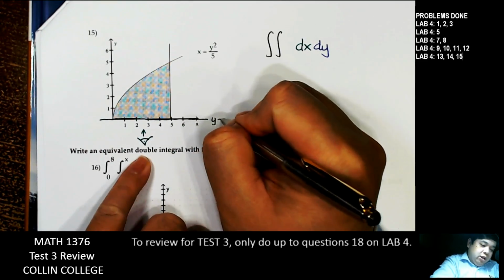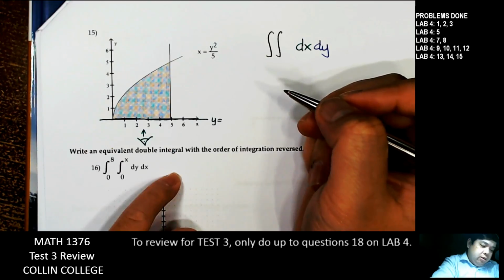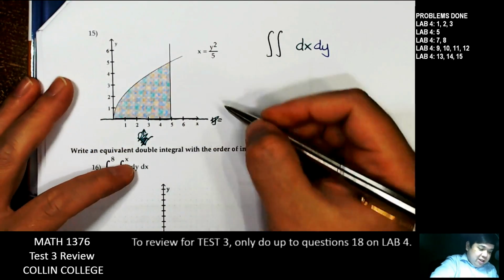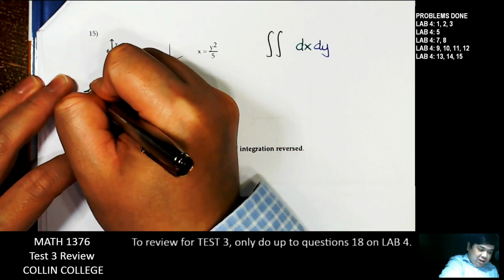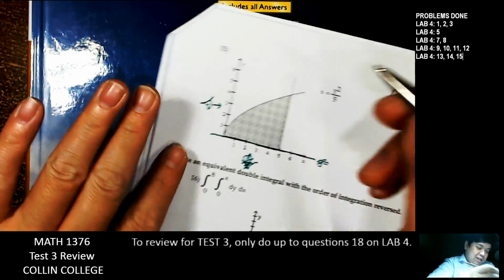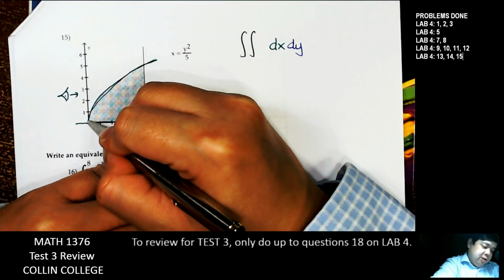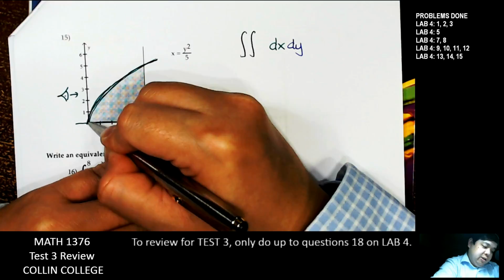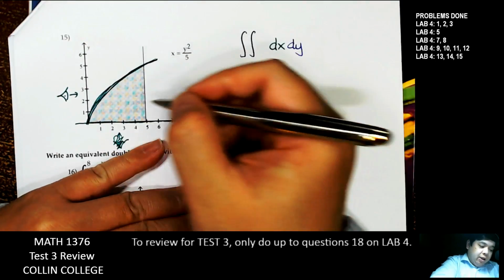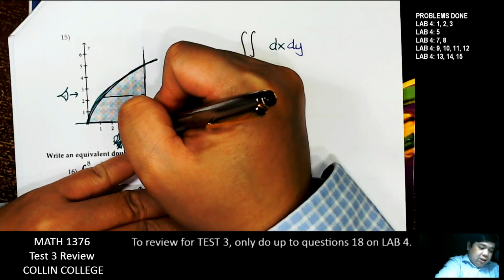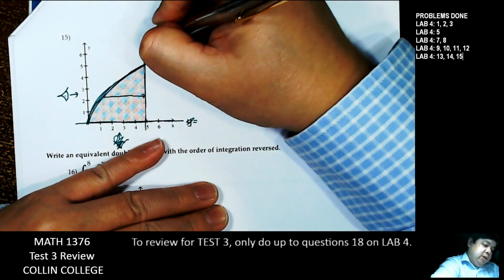I'm sorry, dx first, meaning we look in the x direction. First we'll see this line, I mean the curve, and then we see this line, which is x equal to 5.